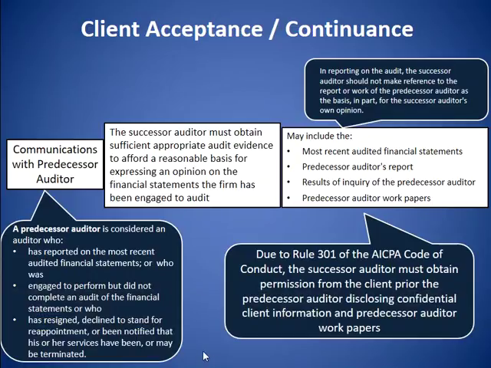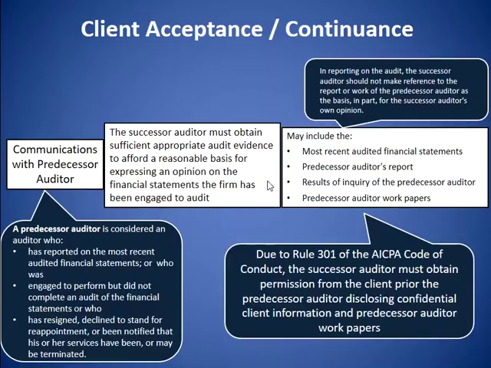Okay, some additional information regarding communications with the predecessor auditor. Again, remember the successor auditor must obtain sufficient appropriate audit evidence to afford a reasonable basis for expressing an opinion on the financial statements the firm hasn't been engaged to audit.